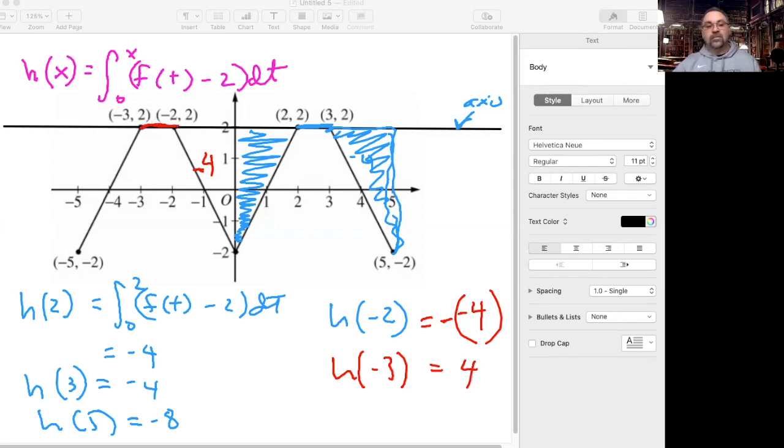And then over here, of course, we have another -4 area below the x-axis, but we're going right to left still, so you get negative. So h of -5 is going to be +8. And so that's the effect of moving that axis. If you draw the picture, or try to visualize it in your head, and maybe it's easier to just sketch it out like I do, you can really see how the area is affected by the shift in the function.